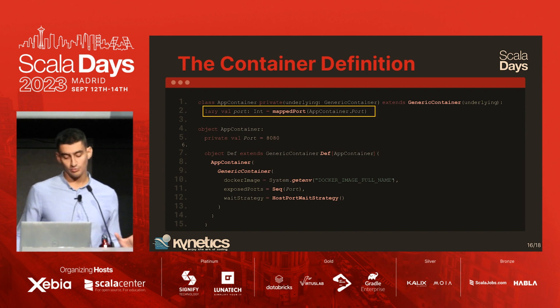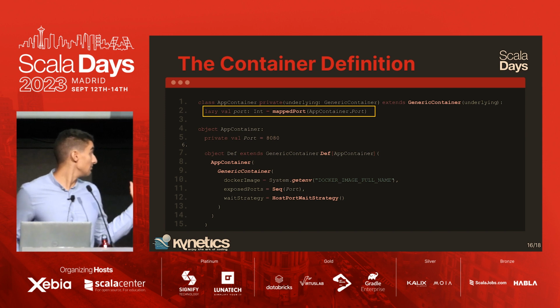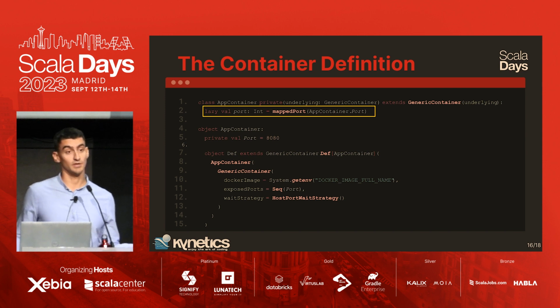Then, once we have this generic container, this container definition, we can wrap its definition in a Scala class, such as app container here, and then define a very clean and well-typed interface over the configuration properties of our containers. Now, for example, in this case, we are just publishing the port mapped to port 8080 of the container.